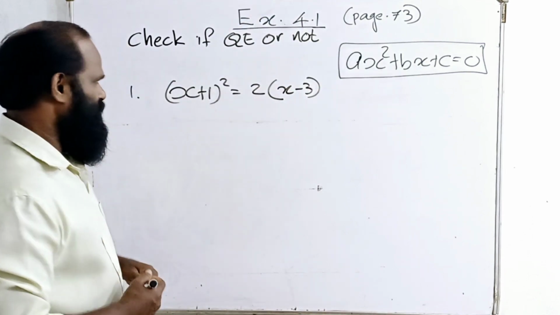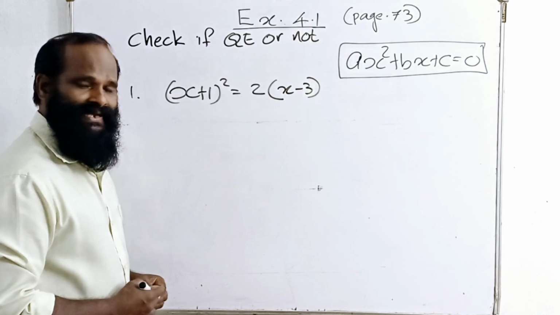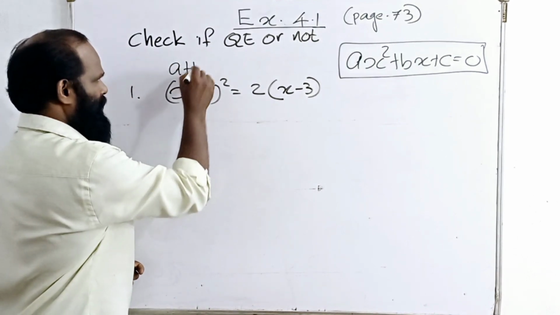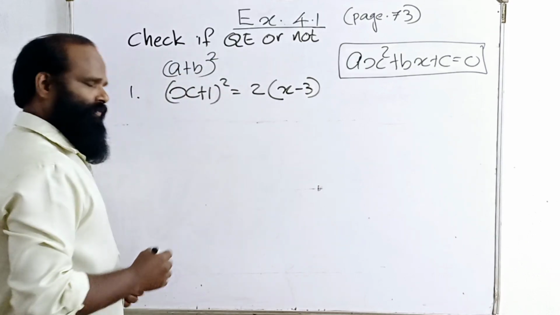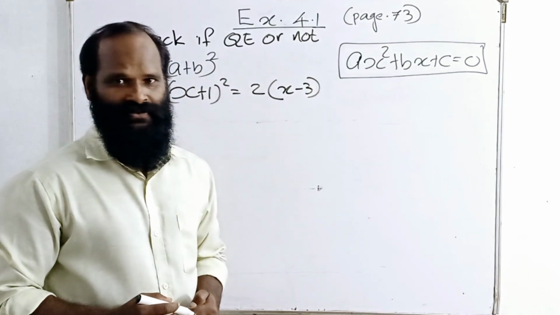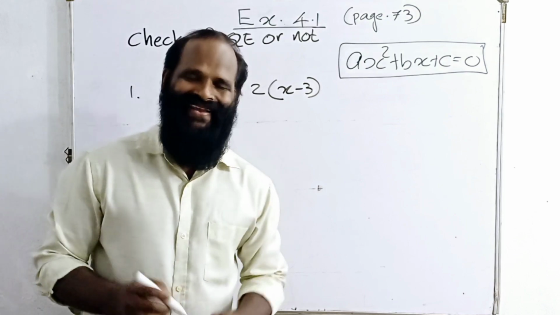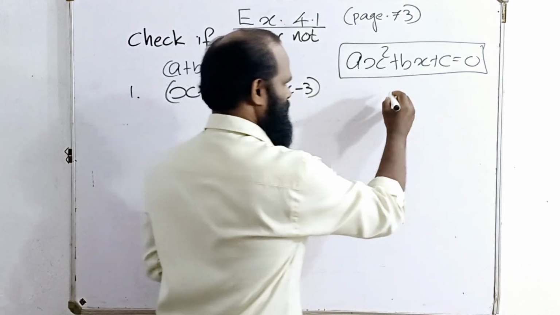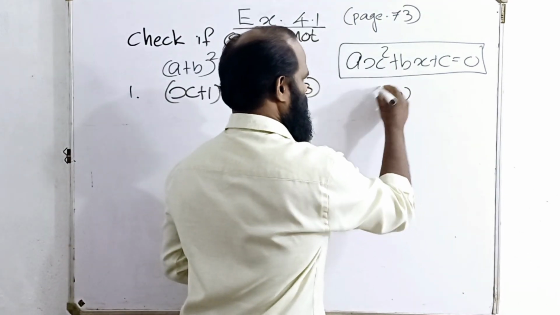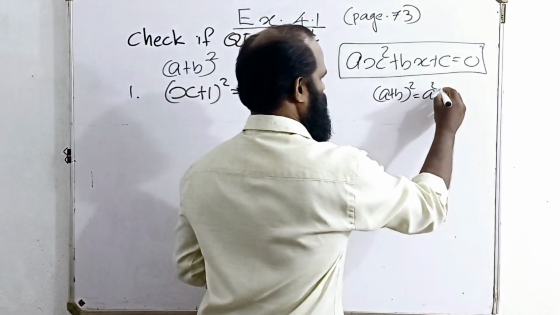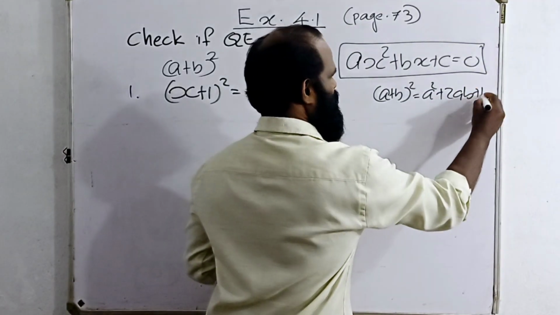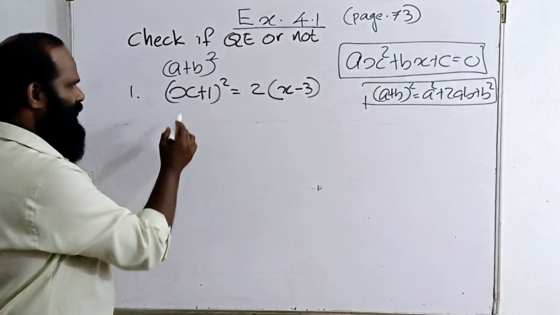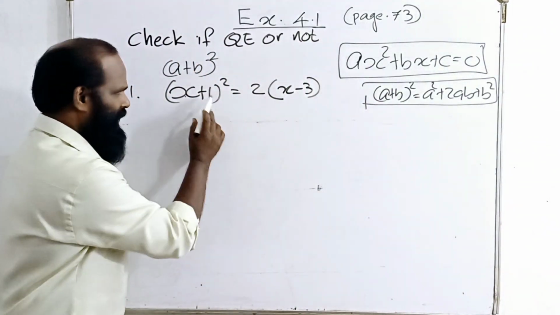Here we go. Left hand side we have x plus 1 the whole square. Definitely this looks like a plus b the whole square. We even know the expansion of a plus b the whole square. Let me just write it over there. A plus b the whole square is equal to a square plus 2ab plus b square. Here a is x, b is 1.